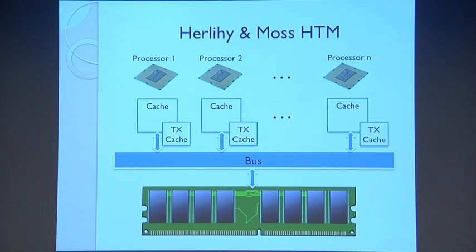Whenever a thread that runs on the CPU tries to execute a transaction, it will do all its operations on the transactional cache. And if the Snoopy protocol invalidates a line in the cache, it won't only invalidate that line, it will also say that this transaction should be aborted.